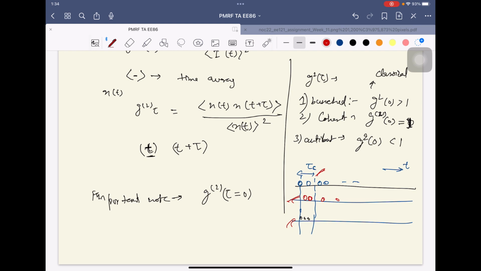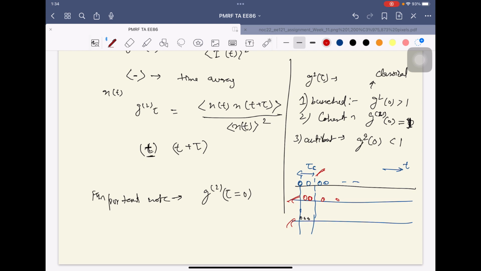Note that the average number of counts is not uncorrelated in general, and indeed in the simple example of a beam with constant intensity that we are considering here, the averages are constant. Still, the fluctuations of the intensity are uncorrelated. This means that no matter how well I know the distribution of intensity at time t, one will never be able to reduce any uncertainty about the intensity fluctuation at time t plus tau.